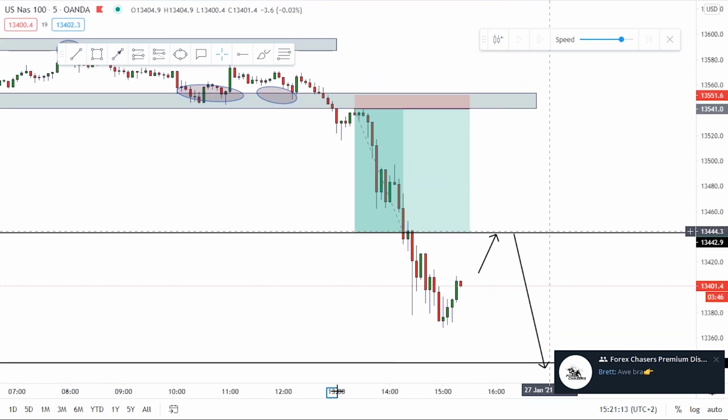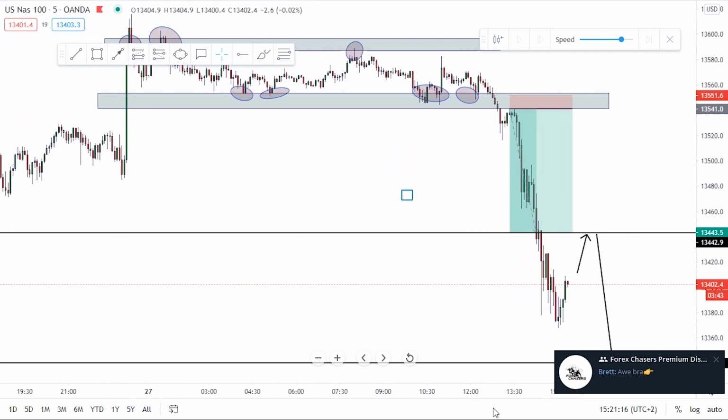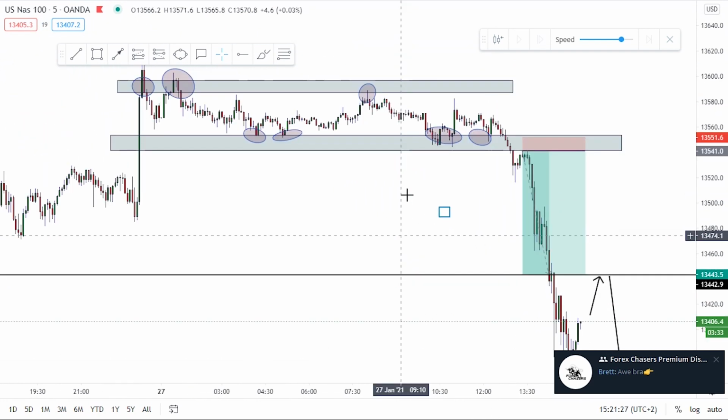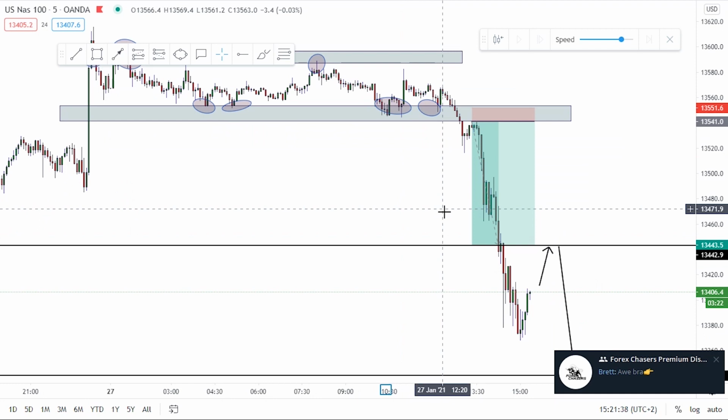As you can see guys, I was looking for a sell. The market rejected these areas on the 15-minute time frame, and rejected them again on the 15-minute time frame. So I scaled down to the 5-minute time frame, where I get my sniper entry and am able to capitalize more.